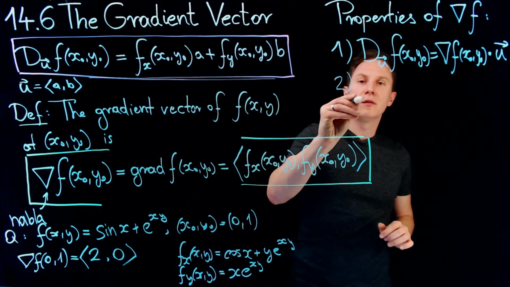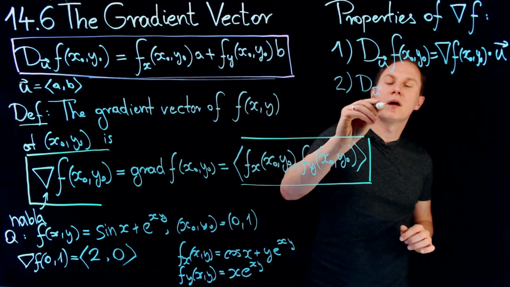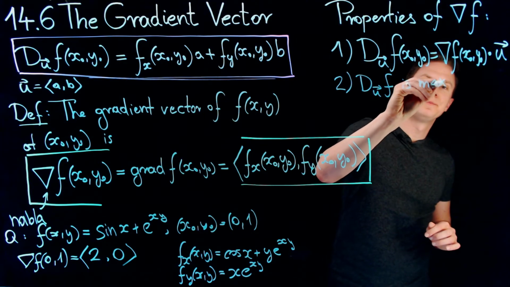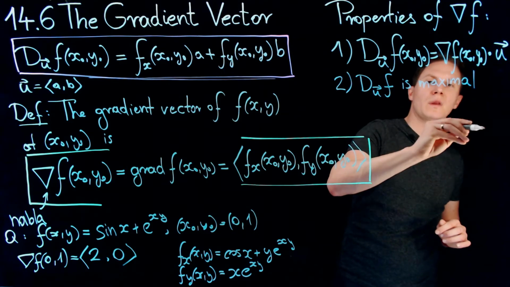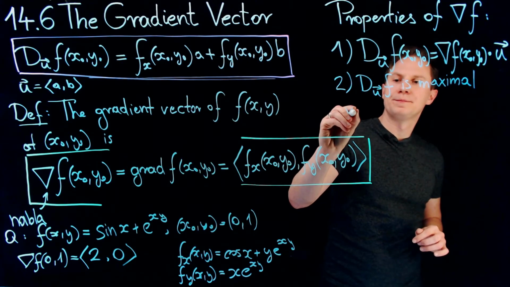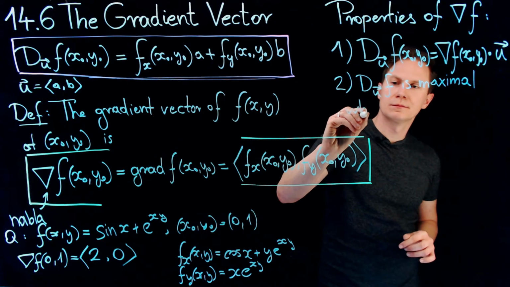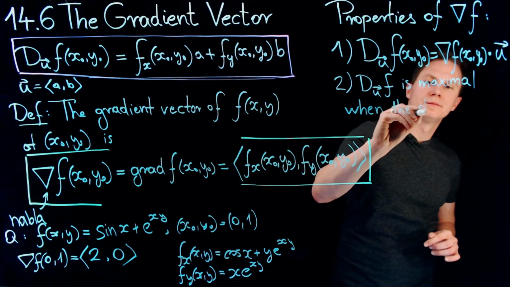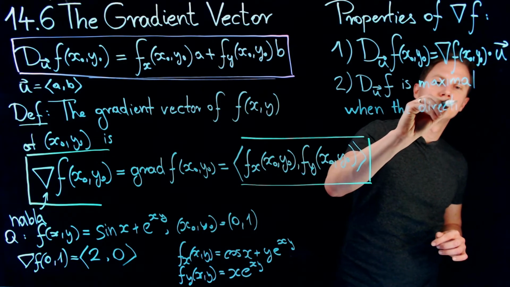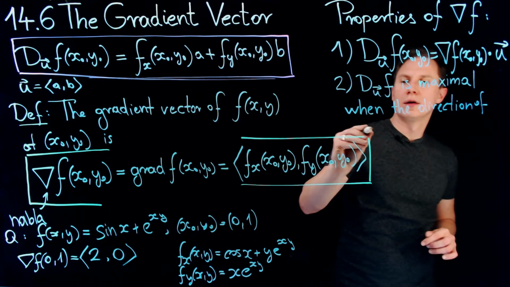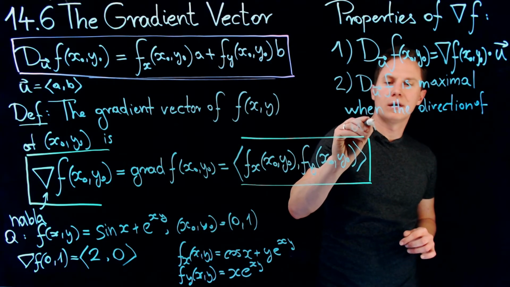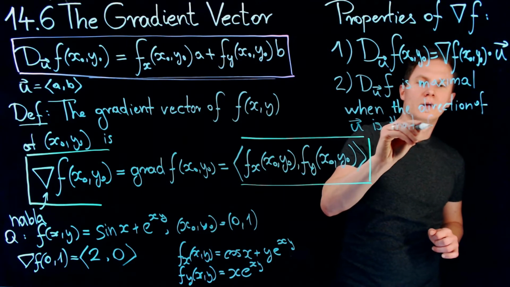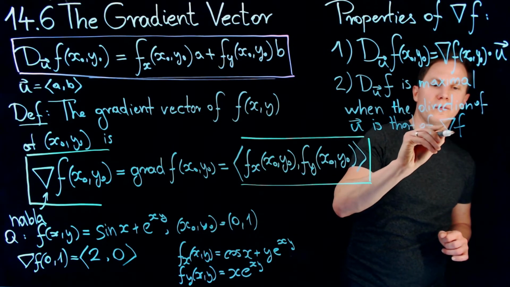The directional derivative D sub u of f is maximal when the direction of u is that of nabla f.